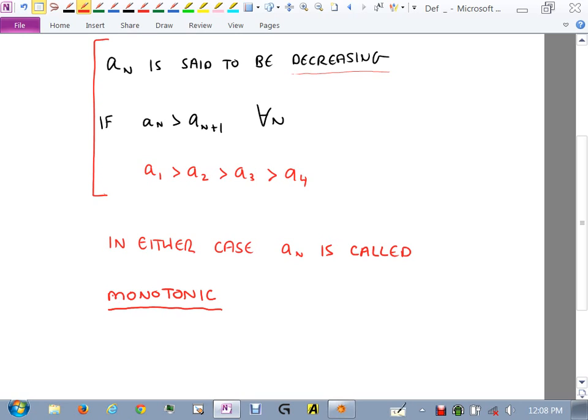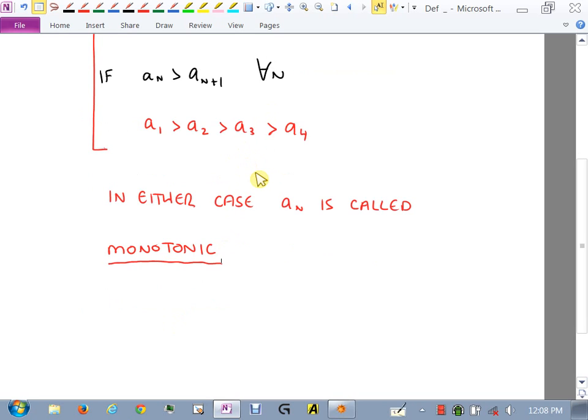So if I say that you have a monotonic sequence, that means it's either increasing or decreasing. Monotonic is more general. It doesn't tell you which one it is. So we have a monotonic sequence. It's either increasing or decreasing. You all okay with that? More definitions.